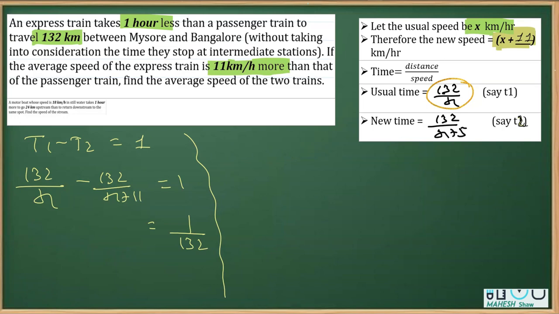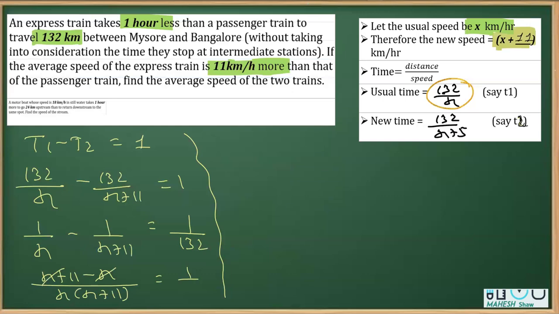So if I take 132 common and transpose it, and take LCM, it's going to be x multiplied by x plus 11, and the numerator is x plus 11 minus x. This gets cancelled, and it is equal to 1 over 132.